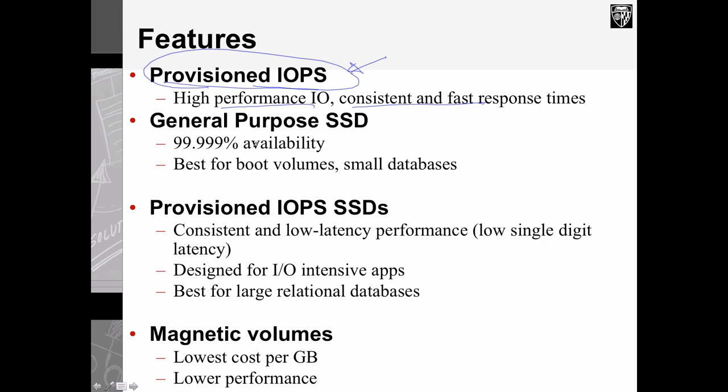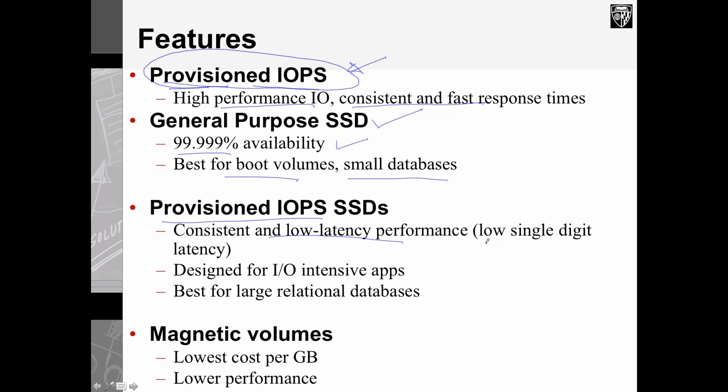And we talked about two different types of disks Amazon provides. The first one is called general purpose SSDs, and they have 99.999, or five nines, of availability. They are best suited for boot volumes and small databases. The second type of SSD is called provisioned IOPS. Essentially they take the SSD and add provisioned IOPS on top of it, and they offer consistent and low latency performance.